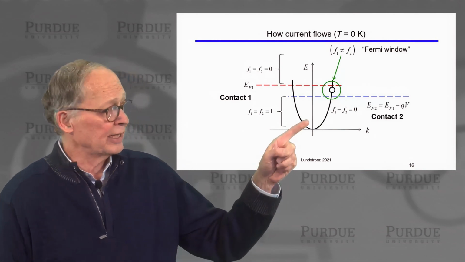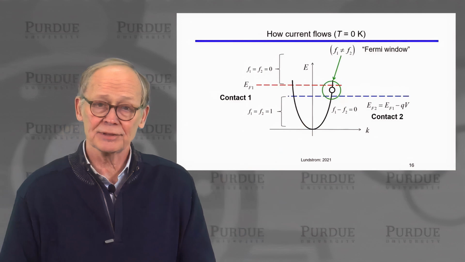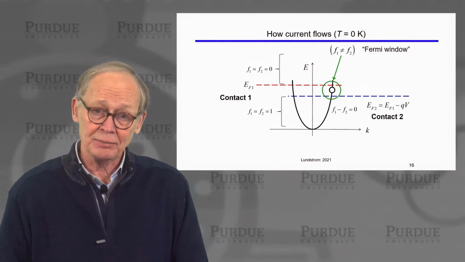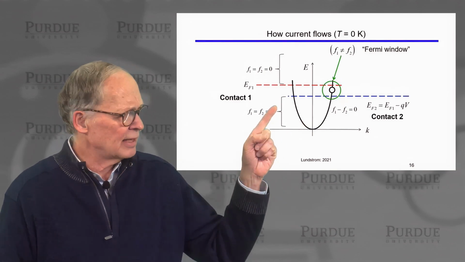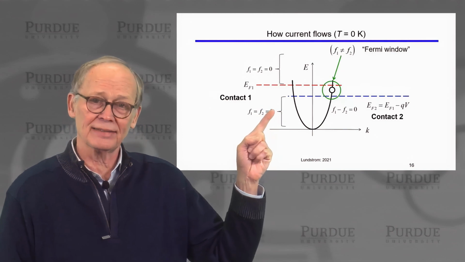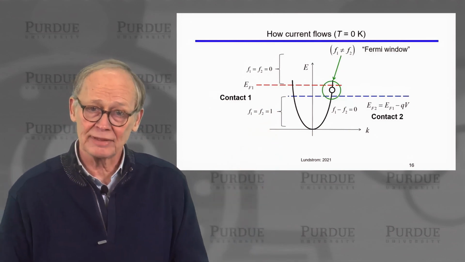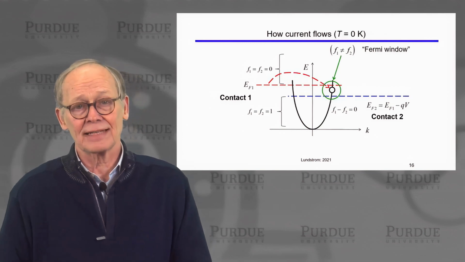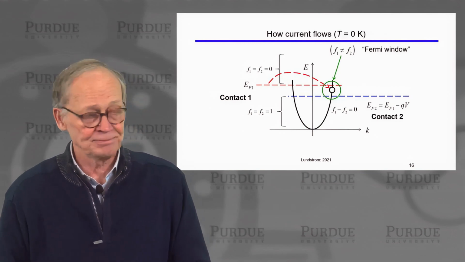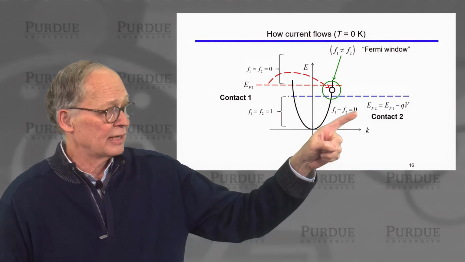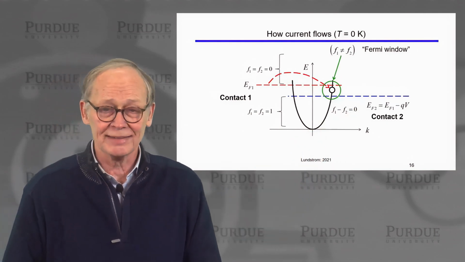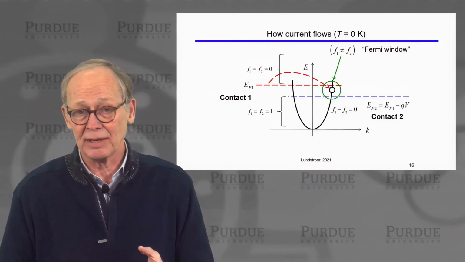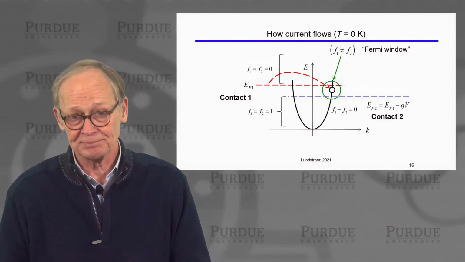So if we look at a state between the two Fermi levels, if that state is empty, then contact 1 looks at that state and says, that's below my Fermi level. That state should be filled. So the first contact will send an electron in to fill that state. Then contact 2 looks at that state and says, that state is above my Fermi level. It should be empty.